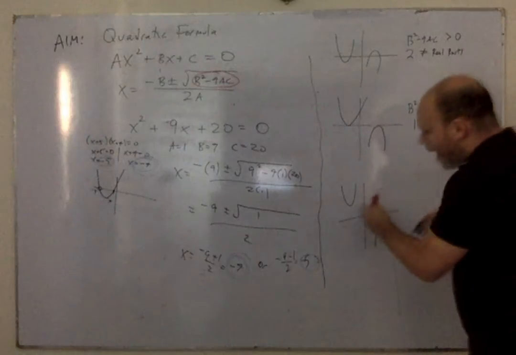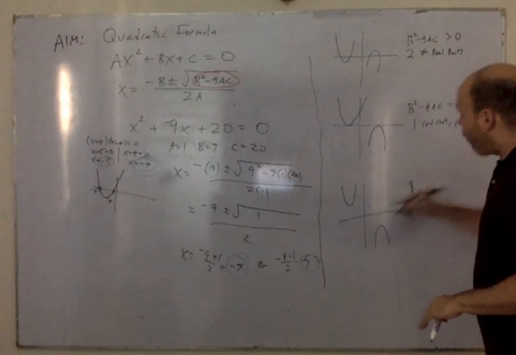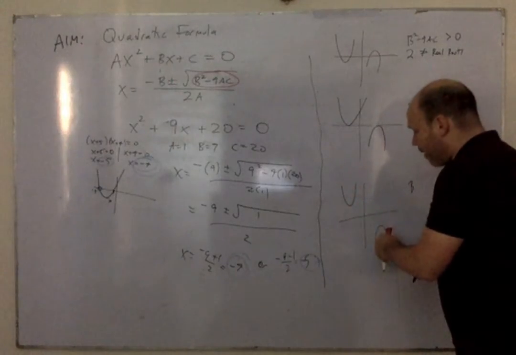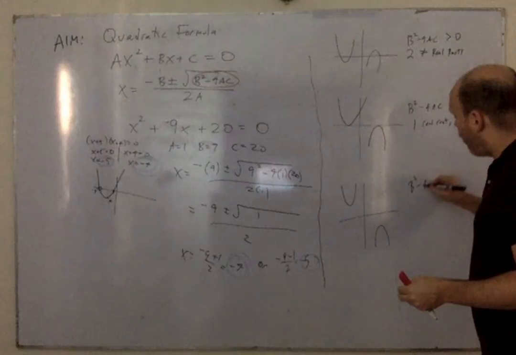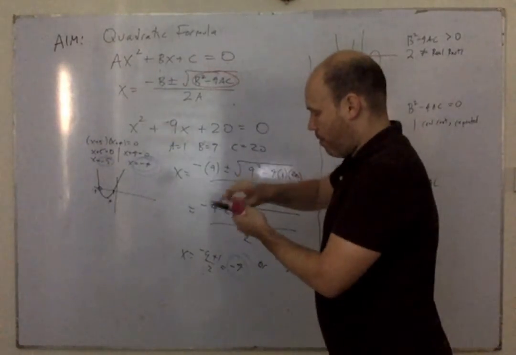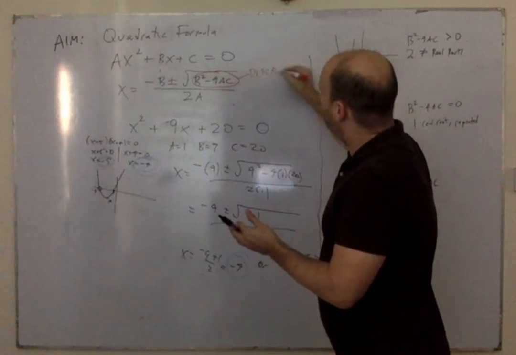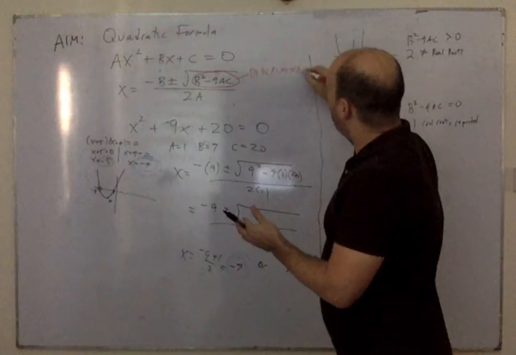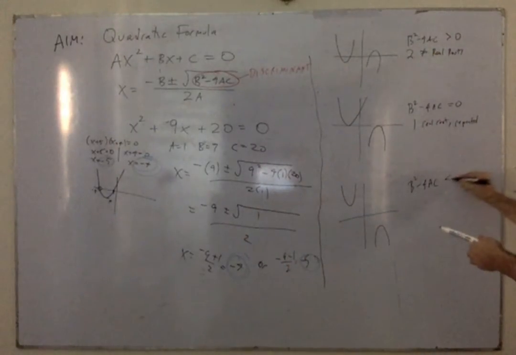And then in this last case, which is outside of the scope of this class, if the parabola does not touch the x-axis, then the discriminant is less than 0.